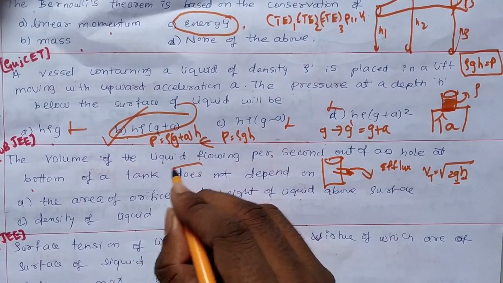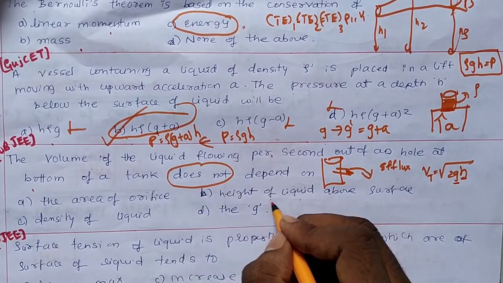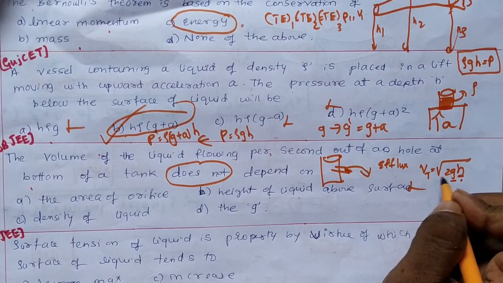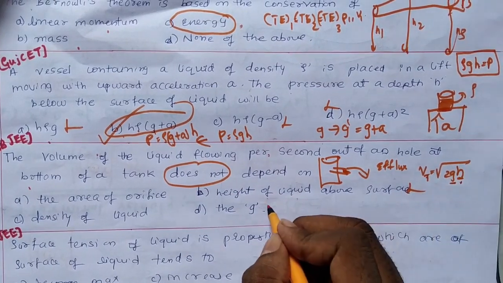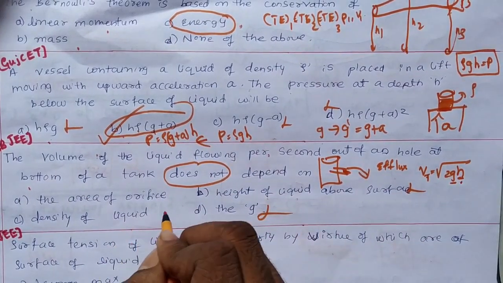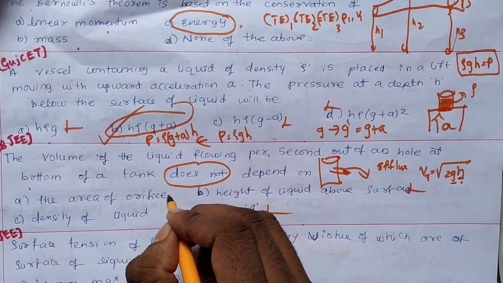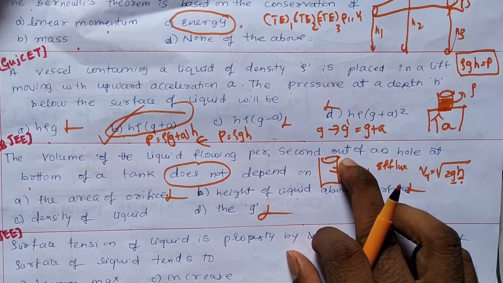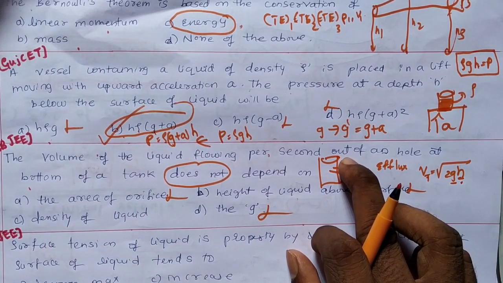They have asked what it does not depend upon, so you can remove the height of the surface, because it does depend upon the velocity of the efflux and acceleration definitely. And the area of the orifice also it should depend upon, because if this hole is big, then definitely more water will flow, isn't it? If the hole is small, then less water will flow.